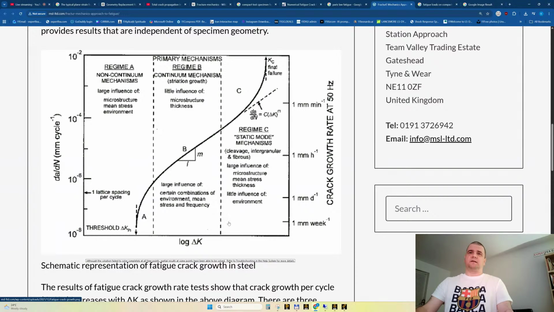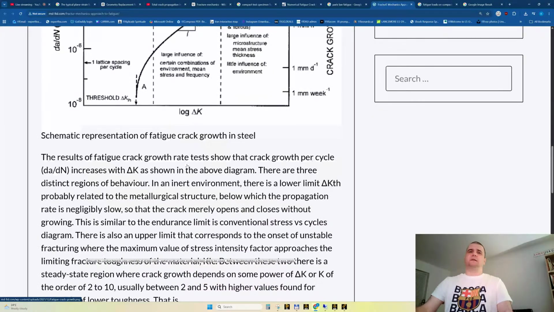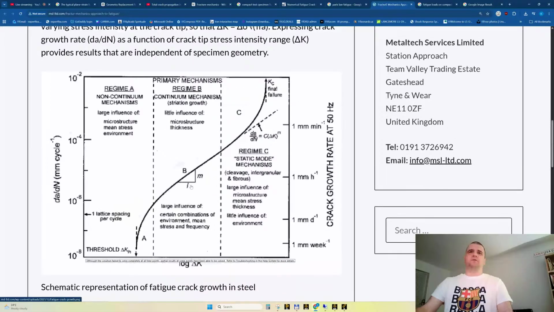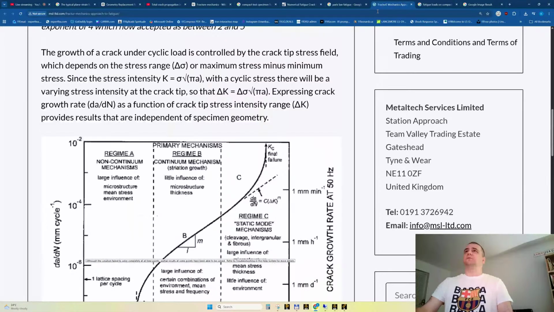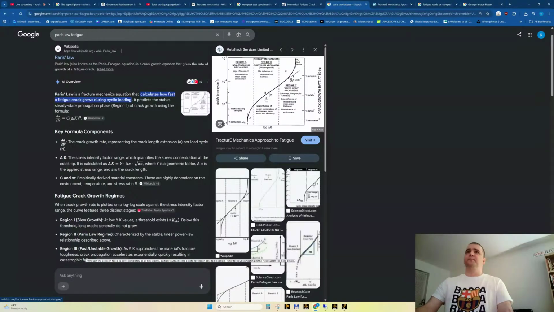The number of cycles between this point and the critical point, we usually cannot evaluate. But we can kind of predict linearly what will happen in this domain, which is described by the Paris-Erdogan law that you have seen.